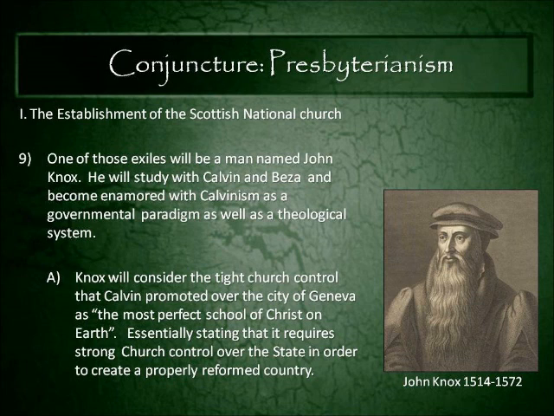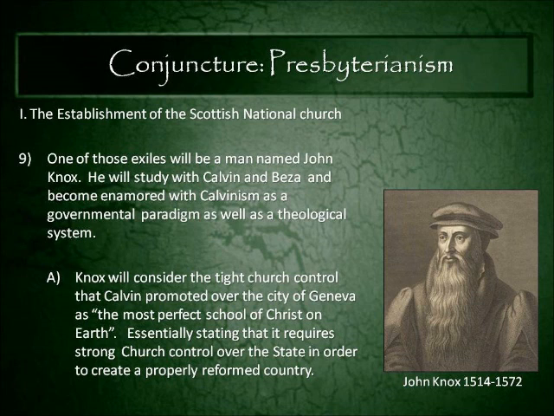But he'll also take on the system of governmental control, that is, that the church should be in direct control of the state. Knox will consider the tight control of the state that Calvin promotes over the city of Geneva, he will go so far as to call it the most perfect school of Christ on earth.